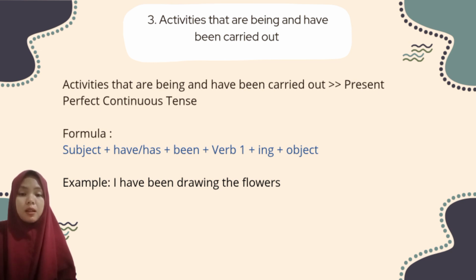For example, I have been drawing the flowers. I as a subject, have or has as a perfect tense, been as a to be, drawing as a verb 1 plus ing, the flowers as an object.